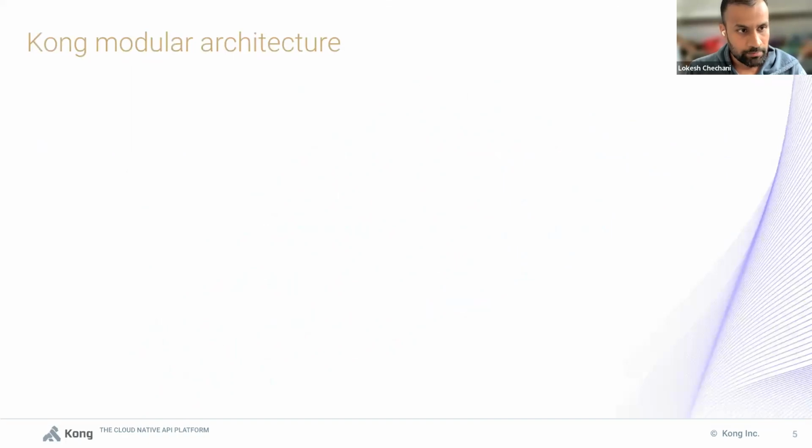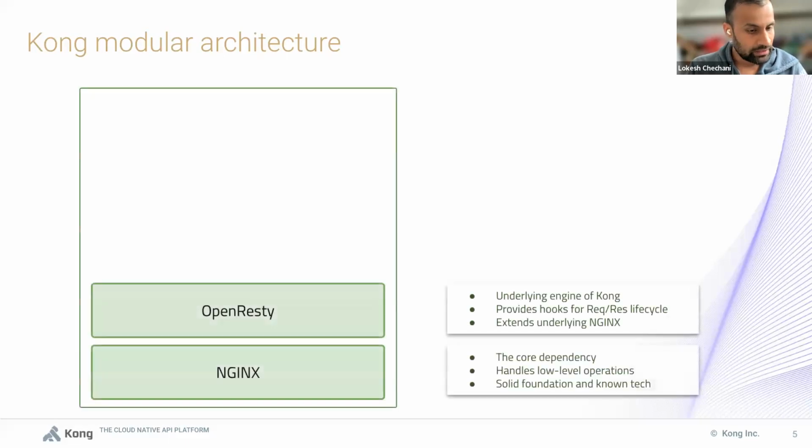Going next, I'll give a brief introduction to the Kong modular architecture. Again, it is important to understand where the plugin fits and what its life cycle is. As I said, the core mothership for Kong is Nginx and OpenResty.